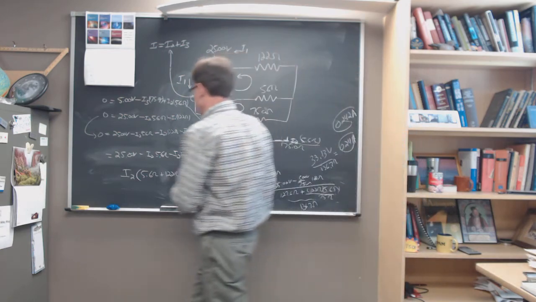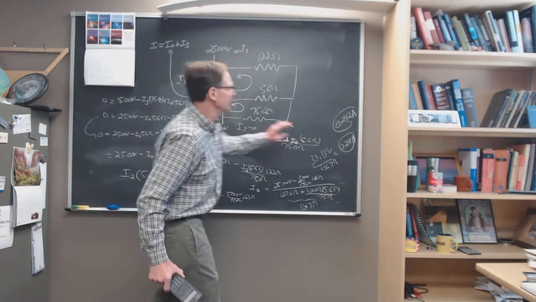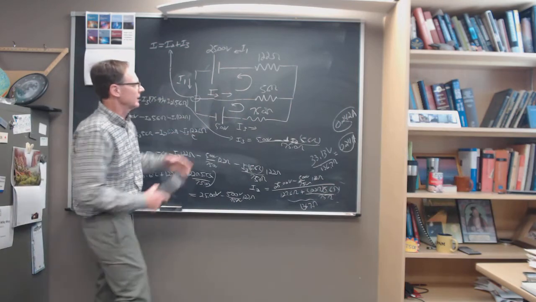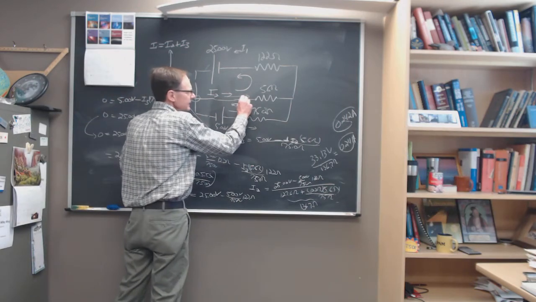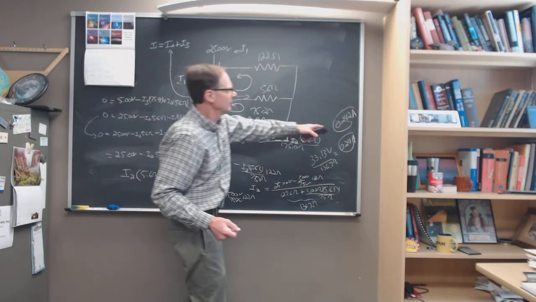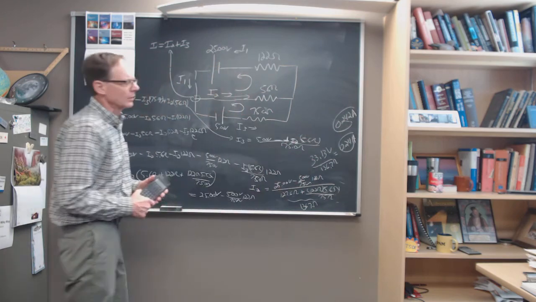That's what we calculated for I2. Because it's positive, the direction we assumed for that current was correct, so I2 will flow left to right in that middle branch, and it will have a value of 0.24 amps.